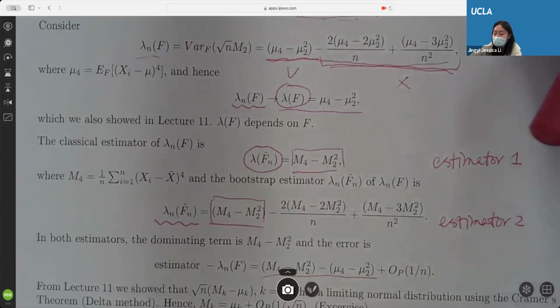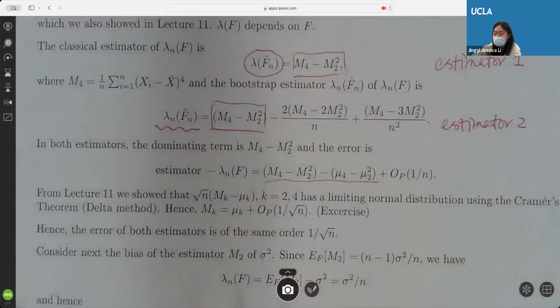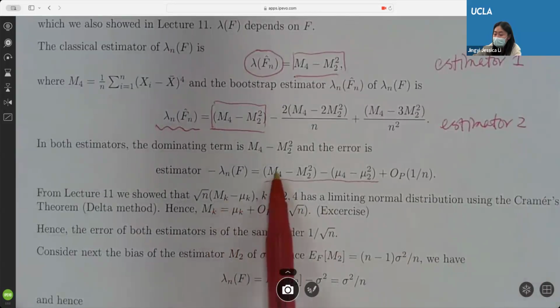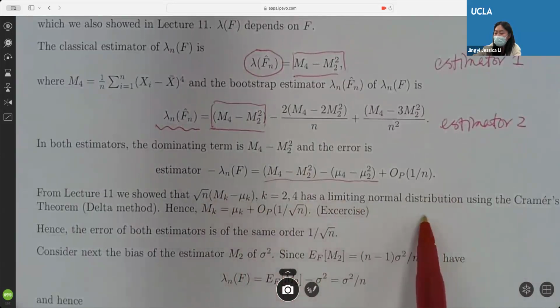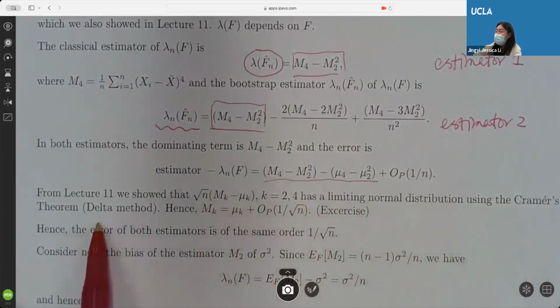Okay, so from lecture 11, we showed that mk minus mu k, sample moment minus population moment, always have a limiting normal distribution using the delta method. Remember that. We also use that to derive the asymptotic normality for the sample correlation. Remember that, right?